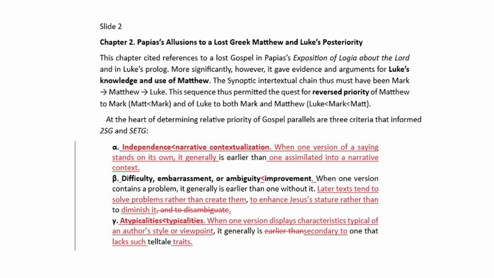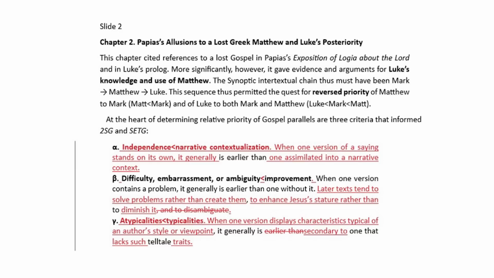When one version of a saying stands on its own, it generally is earlier than one assimilated to a narrative context. Difficulty, embarrassment, or ambiguity is more primitive than improvement, because when one version contains a problem, it generally is earlier than one without it.